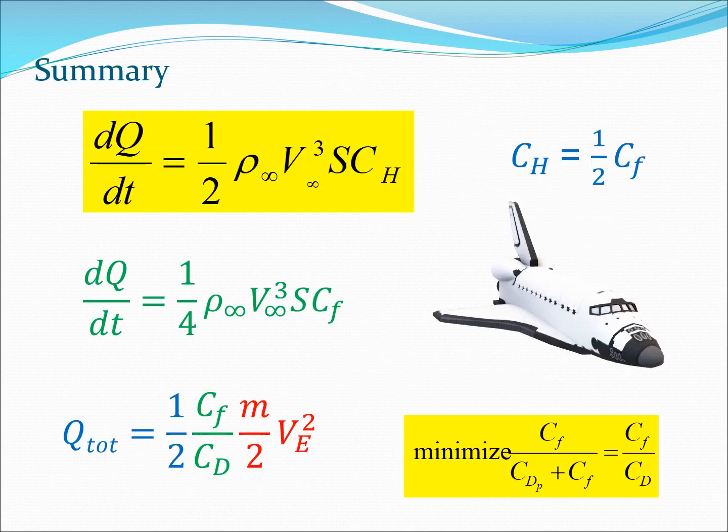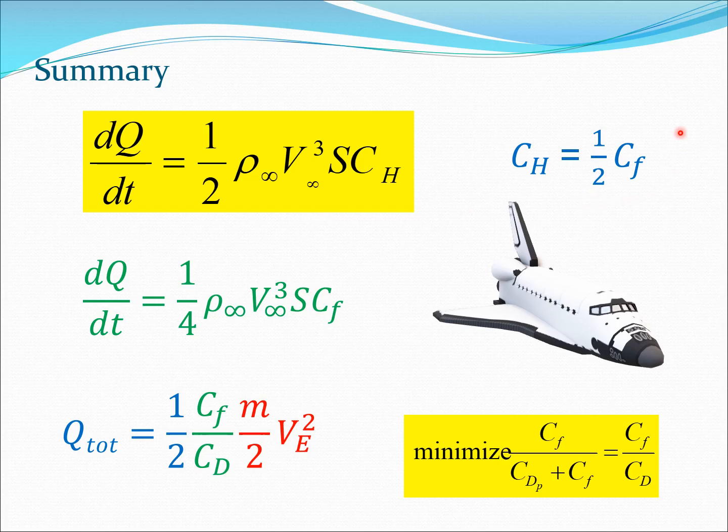So let's recapitulate what we learned today. We essentially started with the Stanton number CH, and from that we were able to get the expression for dq by dt, and we saw that it's proportional to V infinity cubed. So the heating is extremely dependent on the velocity at which you enter.